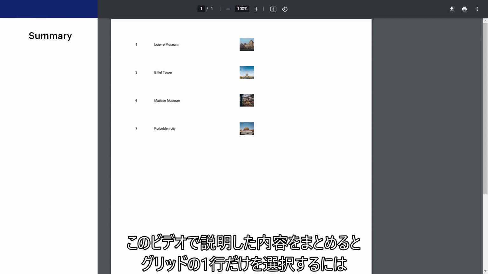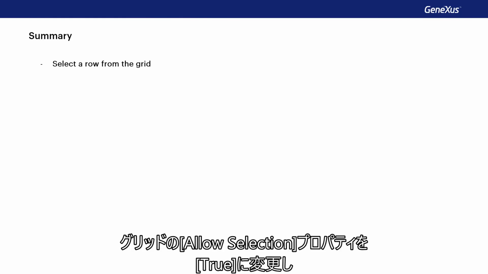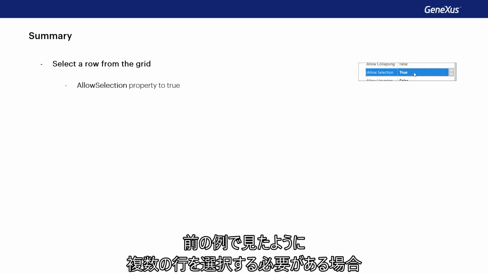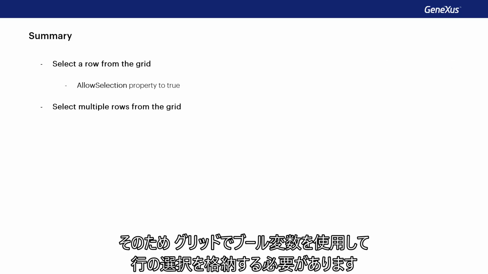To sum up what we've seen in this video, to select only one row of our grid, changing the Allow Selection property of the grid to True, and assigning it a color from the theme is enough. If, as we've just seen in the example above, we need to select more than one row, this property will not be helpful, so we must use a Boolean variable in the grid to store the row selection.